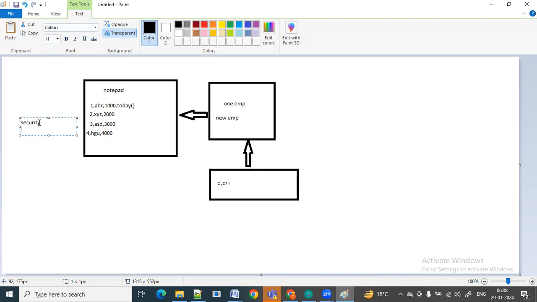Now, after that, I feel retrieving is not there. What is meant by retrieving? Retrieving means fetching the data. For example, you want to know the details of some, say, Lara's information.